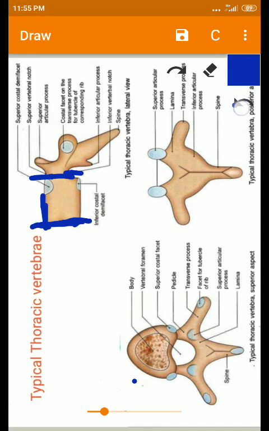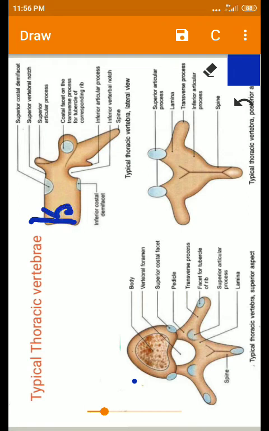So the body gives attachment anteriorly to the anterior longitudinal ligament, and posteriorly to the posterior longitudinal ligament. The anterior surface of the upper three thoracic vertebrae, lateral to the anterior longitudinal ligament. Though the anterior longitudinal ligament is attached on the anterior side, it also extends somewhat to the lateral side.